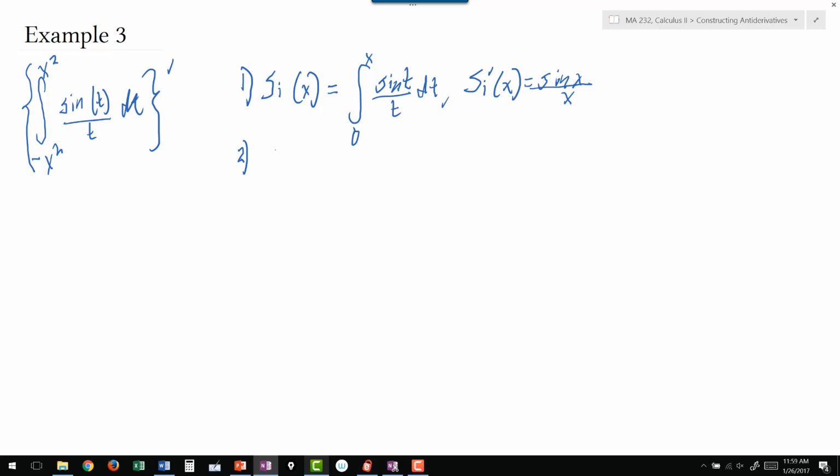Next up, I want to write the integral from minus x squared to x squared in terms of this psi function. So I am going to write this as psi of x squared minus psi of negative x squared.